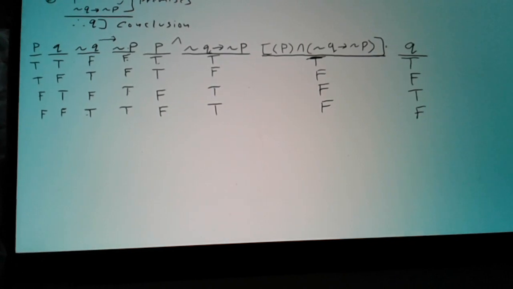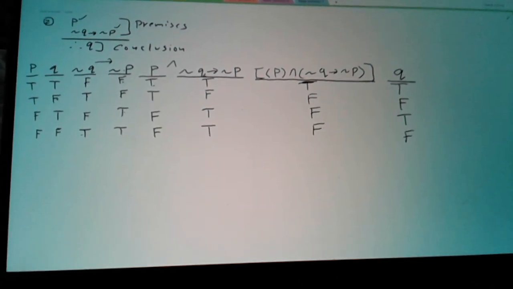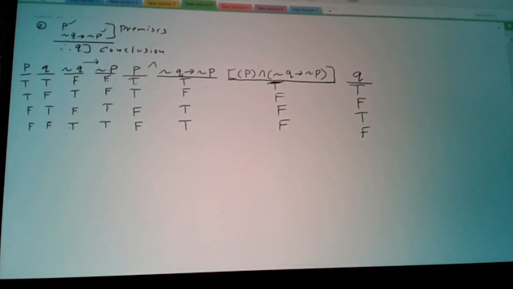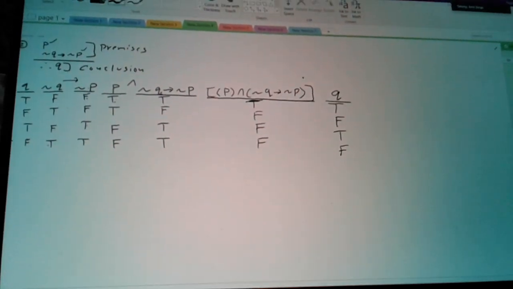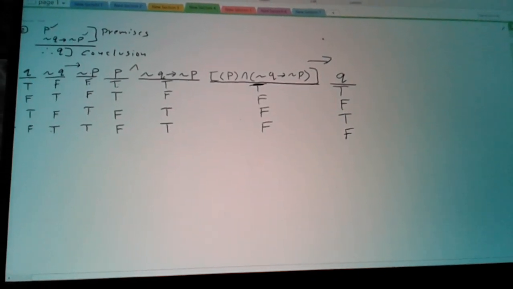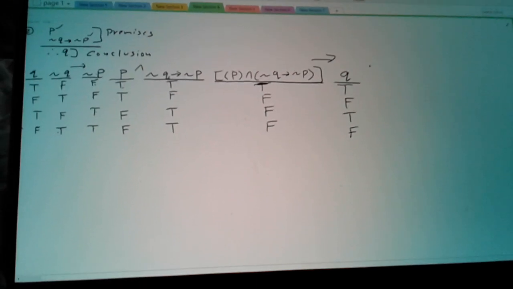So we have our conclusion, right? True, false, true, false. That's Q. So I have to take the implication of these two things now. So we take the anded premises and we implicate it with the conclusion.